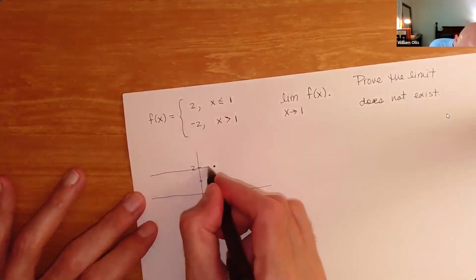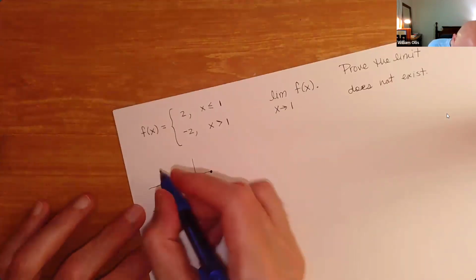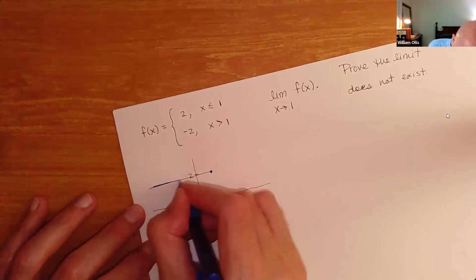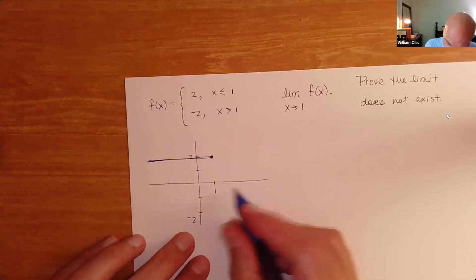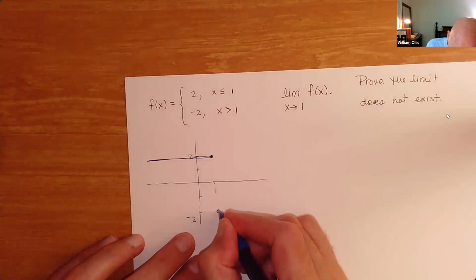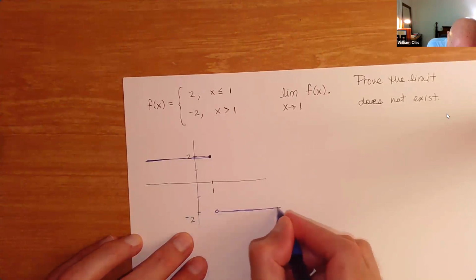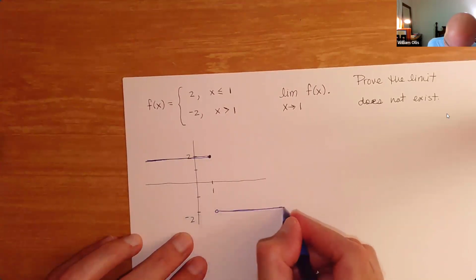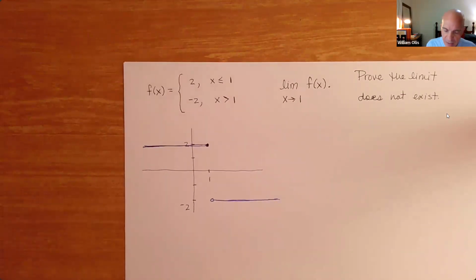And let me just do a little blue here. And then at greater than 1, we'll have a circle. So the idea is that if you throw out an epsilon, I should be able to get a delta.